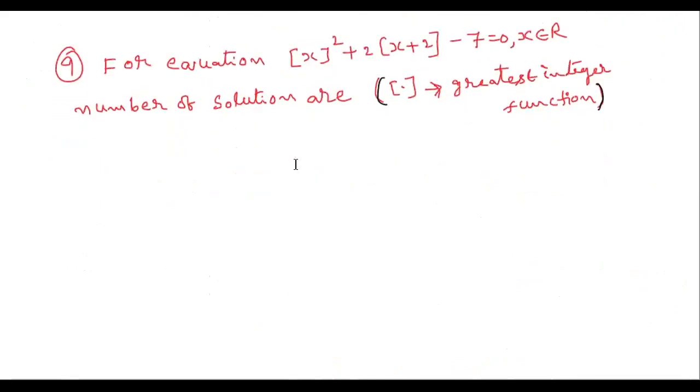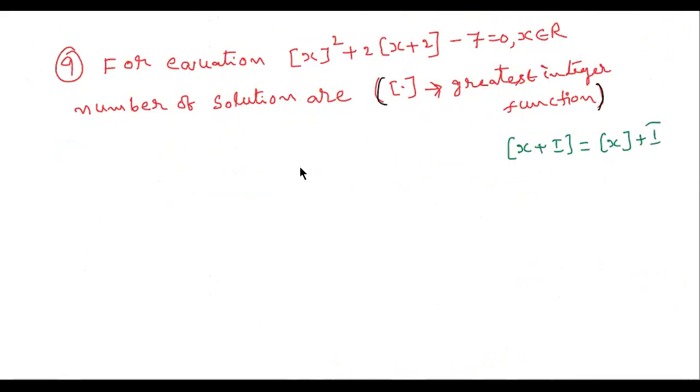See here. For the equation step x whole square plus 2 into step of x plus 2 minus 7 is equal to 0 for all x belongs to, the number of solutions they are asking. Here step of x plus integer is equal to step x plus integer.